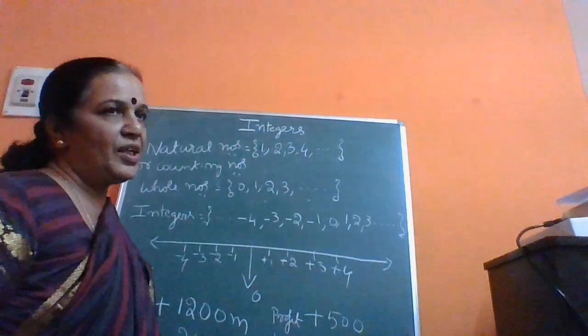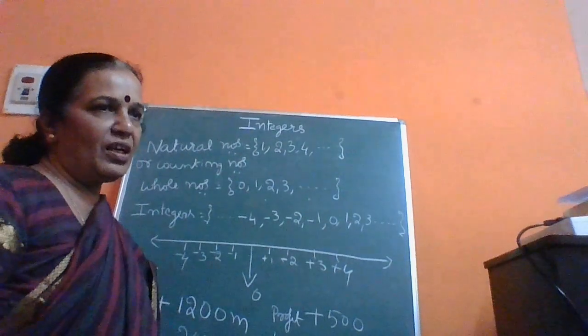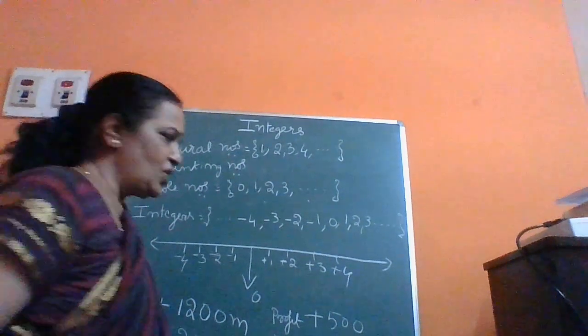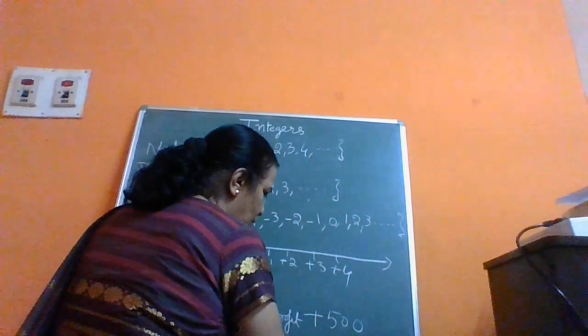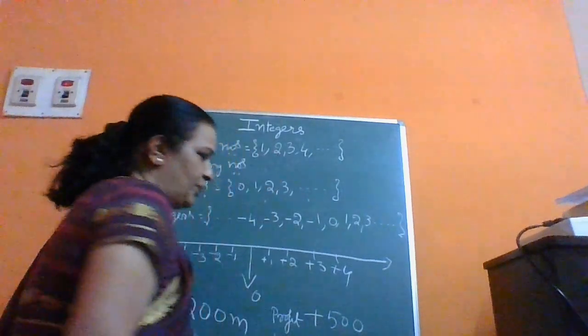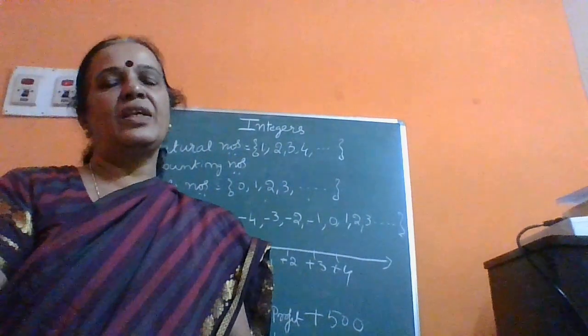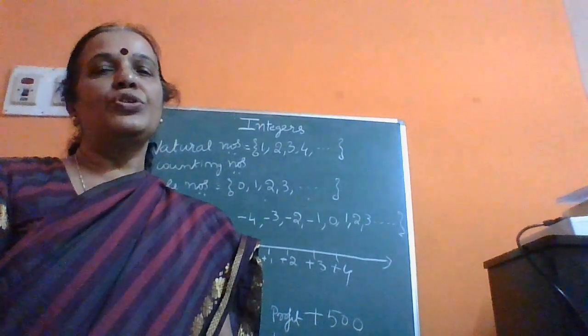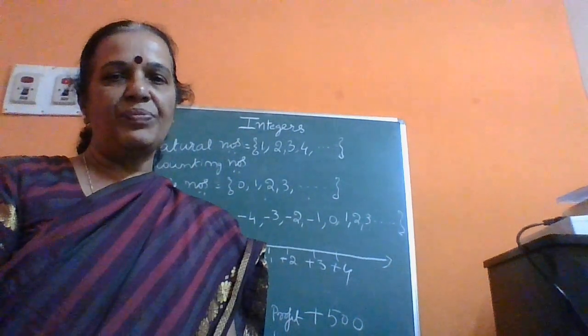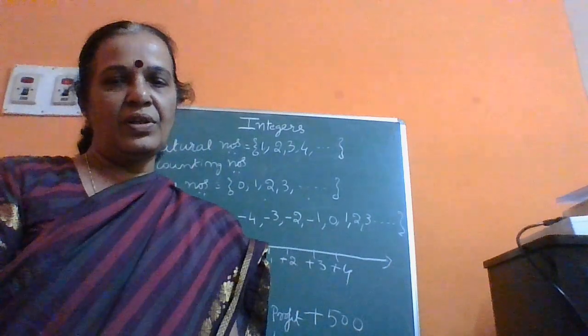For example, in a business there is 300 rupees loss, then we represent minus 300. Therefore, there is a necessity of using negative numbers in daily life.